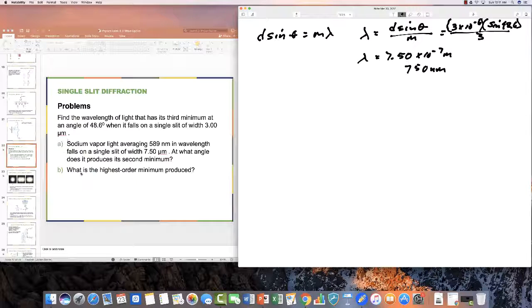The second problem, these are actually both together. I'm not sure how my typing got that way, but you'd use the same formula here. You've got a sodium vapor light that's averaging 589 nanometers in wavelength. It falls on a single slit, and it wants to know the angle to produce the second order minimum. So again, use this same thing, but now you're going to solve for the sine of theta.